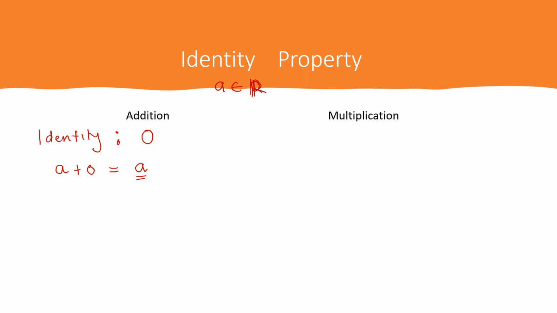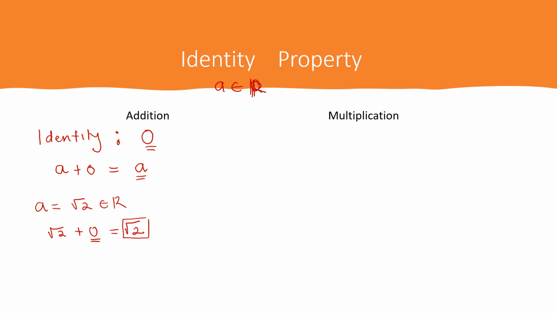Every real number you think of has an additive identity, and that identity is 0. For example, if we take a to be root 2, which is a real number, what is the identity? It's still 0, because if I take my root 2 and add this 0, we're still going to get root 2. So it doesn't change our real number.